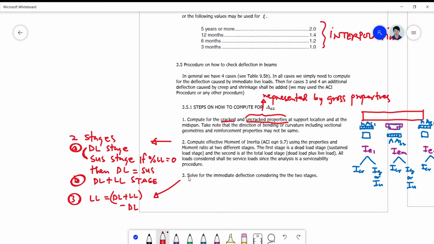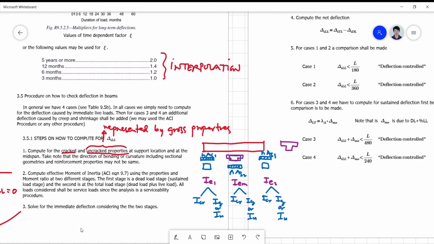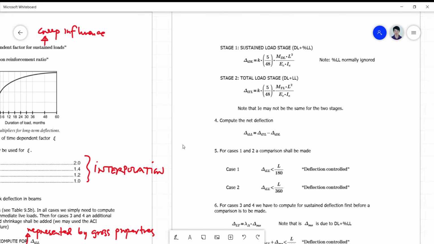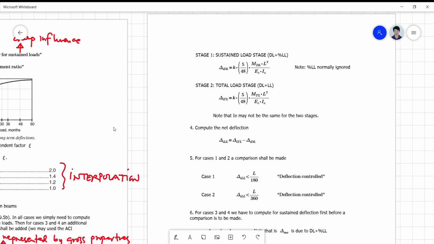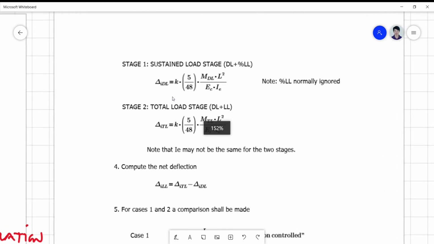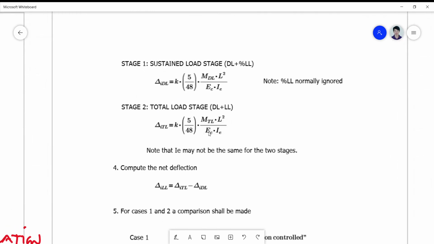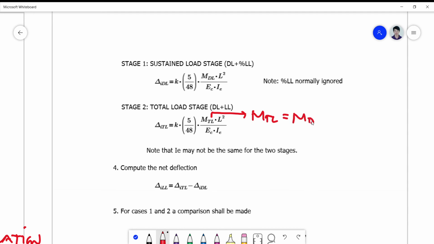So for number 3 here, we solve for the immediate deflection considering the two stages. Okay, so the stage 1, this is the formula, and the stage 2 is this formula. Take note that here, your MTL is simply MDL plus MLL.